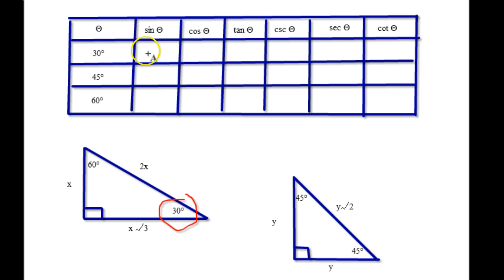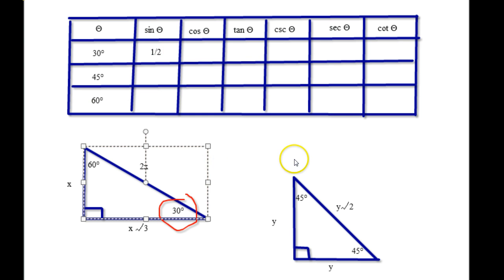Okay, so sine is going to be opposite over adjacent, so it's going to be x over root 3, which simplifies to 1 divided by root 3, okay, which turns into, I just made a mistake. I made the mistake as usual. Okay, it's going to be opposite over hypotenuse. So it's going to be x over 2x, which just simplifies to 1/2. Whew. I just caught myself there on that one.